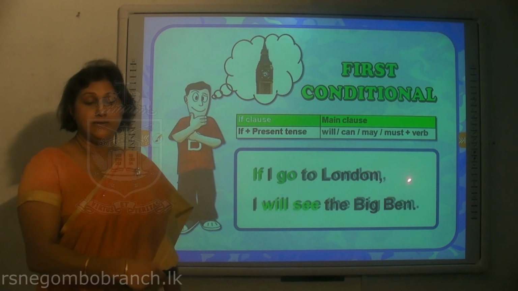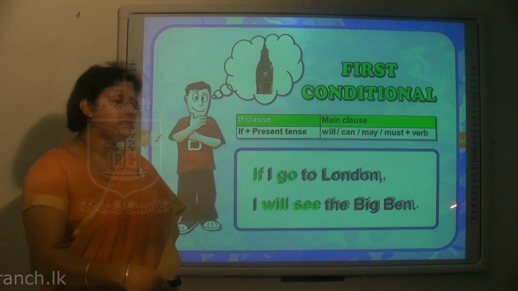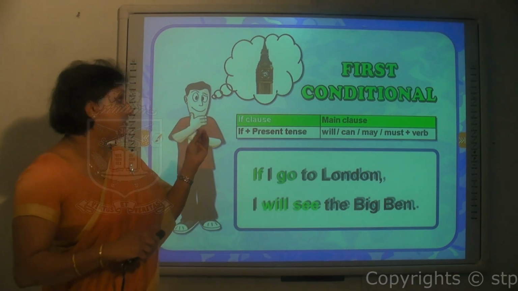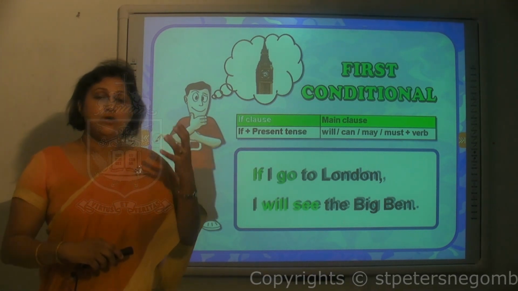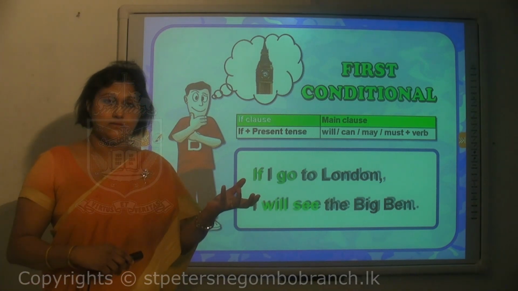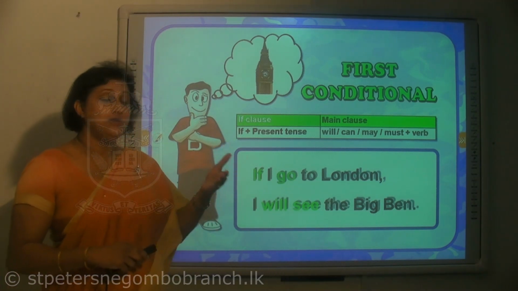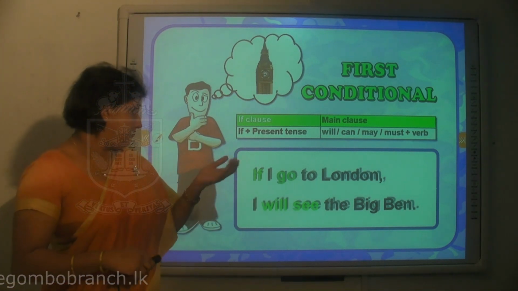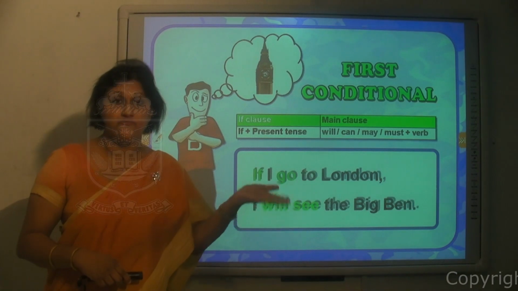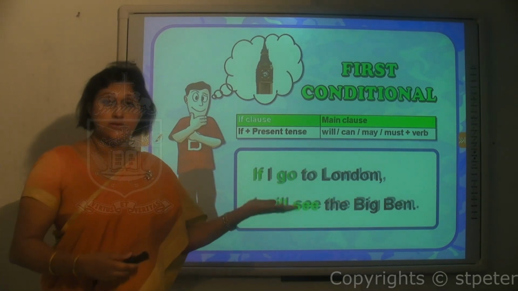If I go to London, I will see the Big Ben. So this sentence, when it comes to the first conditional sentences, talks about a possible situation. Do you understand? It talks about a possible situation. If you go to London, then you will see the Big Ben. There is a possibility of visiting Big Ben if you go to London.